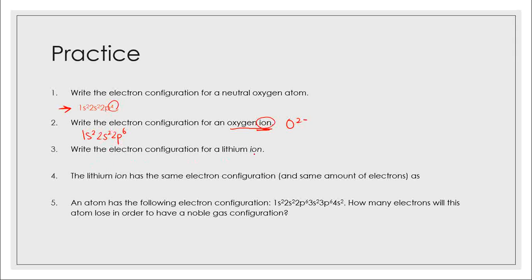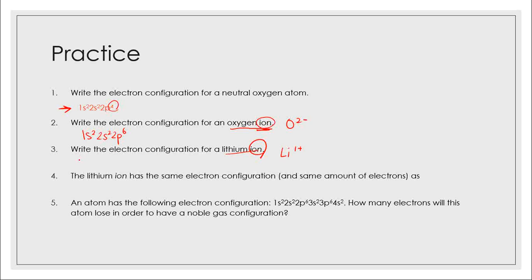What about the lithium ion? So again, look up lithium on your periodic table. Check it with what you just wrote in your notes. You should see that lithium ion is lithium 1 plus. Okay? So, how do I write this one?